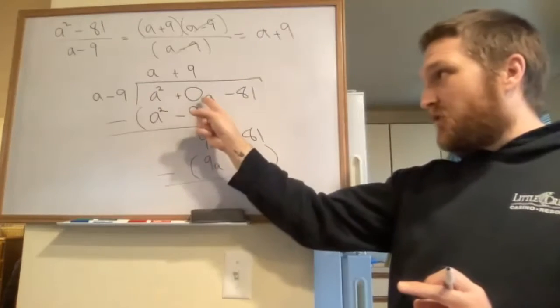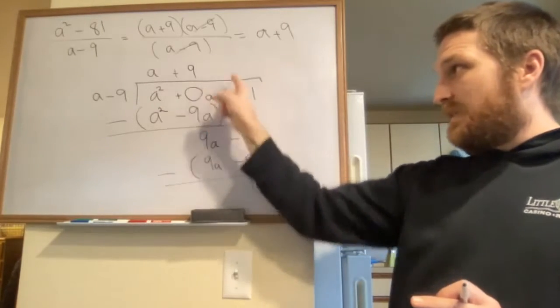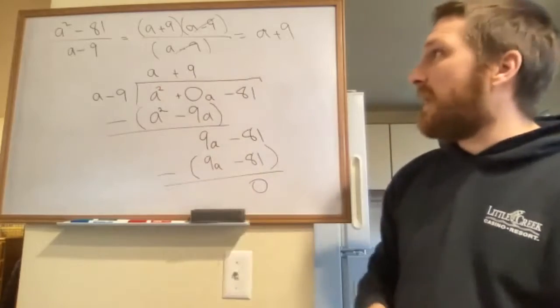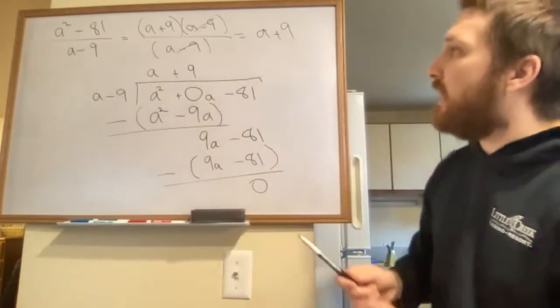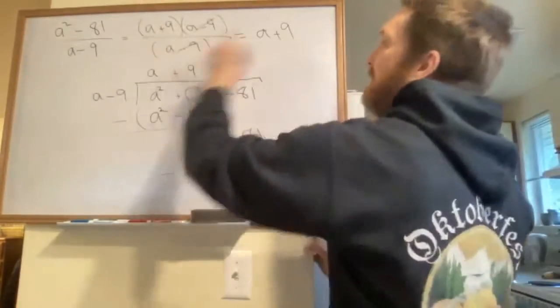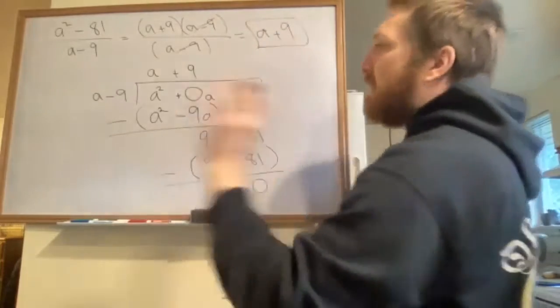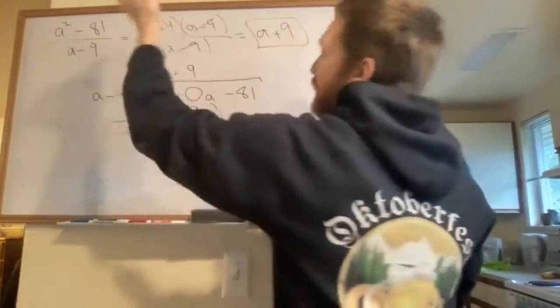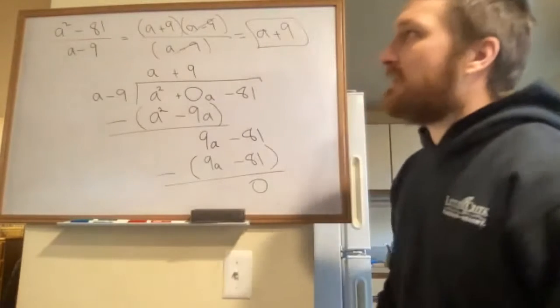If there are missing terms, you put them in as 0, right? And then you just pop it out. And if we were so inclined, we could say this divided by that is that right there. And then we could double check it by multiplying that guy by that guy, which indeed gives me a squared minus 81.